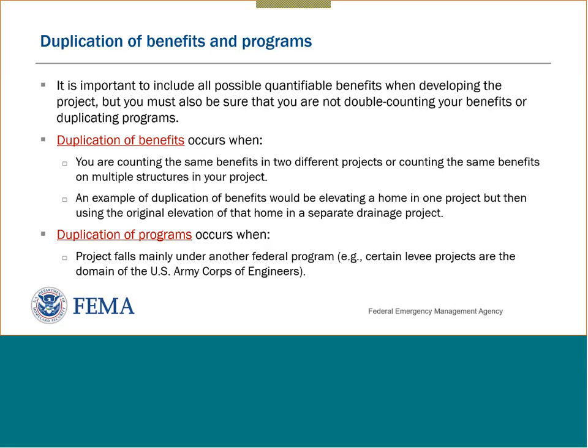So an example might be, and I'll just speak about it very generally, a project where the applicant has applied for different grant funding to do some work on a structure. In the applications, they used the same benefits for each of the applications.